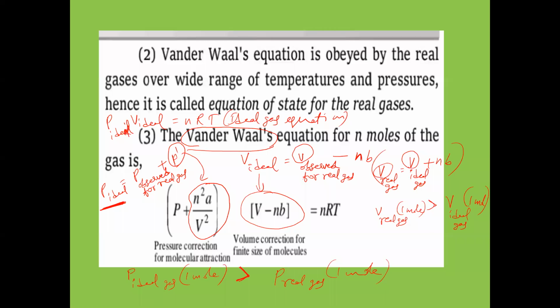The volume of 1 mole of real gas is greater than the volume of 1 mole of ideal gas. But for pressure, the ideal gas pressure will be more than the real gas pressure. Is that clear? So this point mainly we have to understand without any confusion.